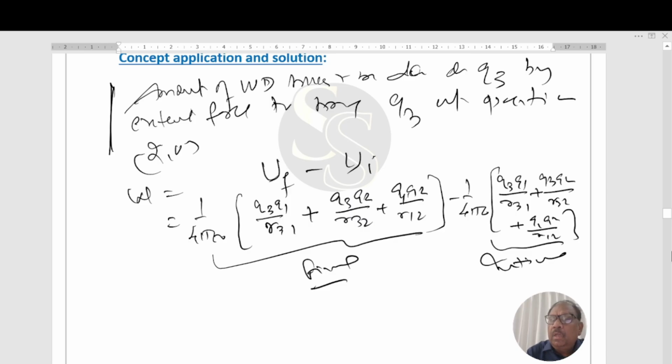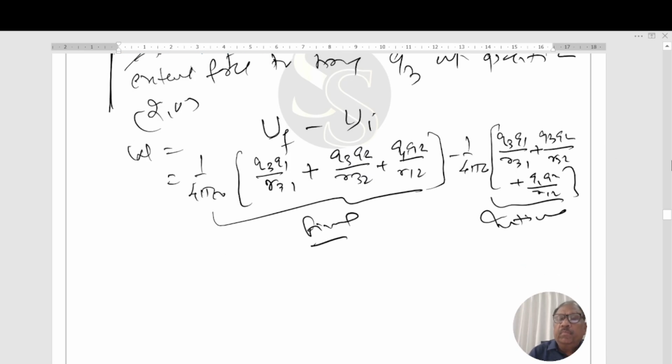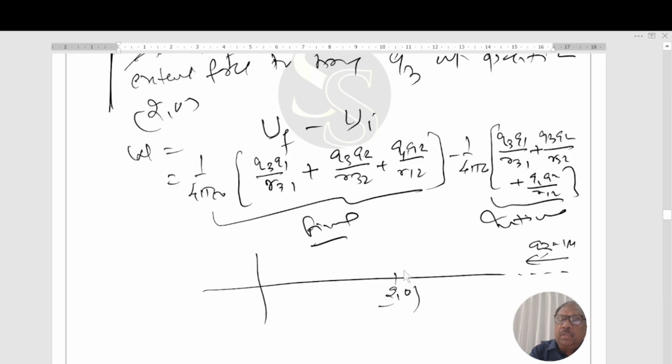Initially, because you know x equal to 0, infinity से Q3 charge आ रहा है 1 microcoulomb. This is x equal to 2 position. This charge is to be placed at this point. Q2 is at 1 meter and this is 0.